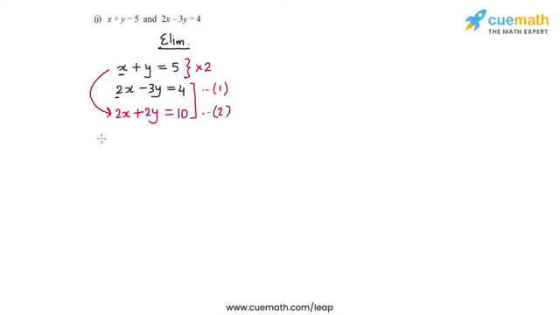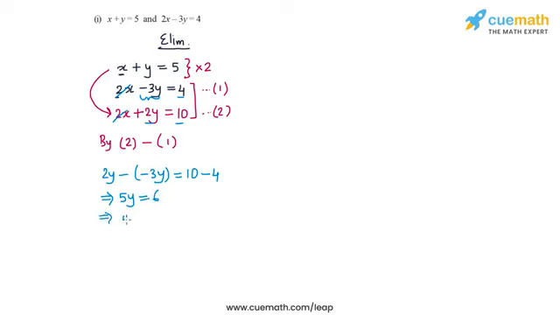And now by doing 2 minus 1, so subtracting equation 1 from equation 2, what do I get on the LHS? The 2x and 2x will cancel out and I will be left with 2y minus 3y on the LHS, and on the RHS I will get 10 minus 4. This gives me 5y is equal to 6, or y is equal to 6 by 5.